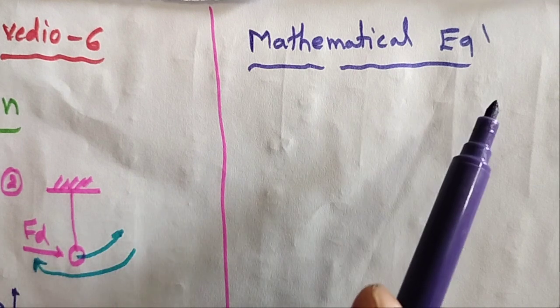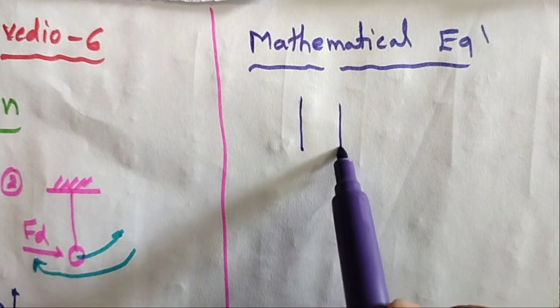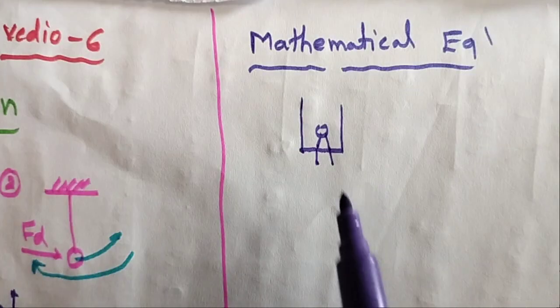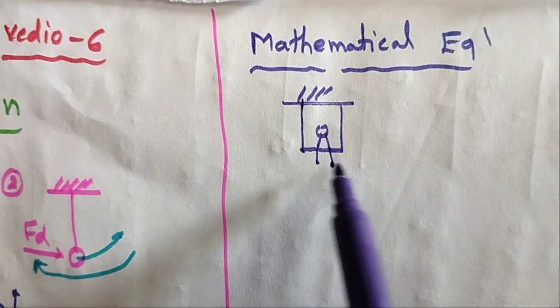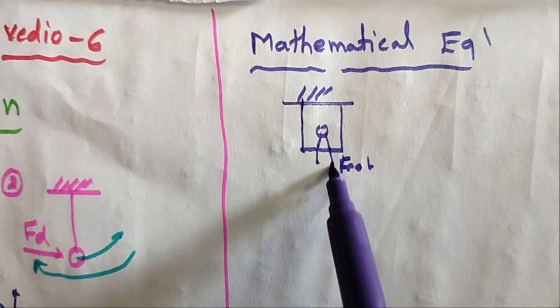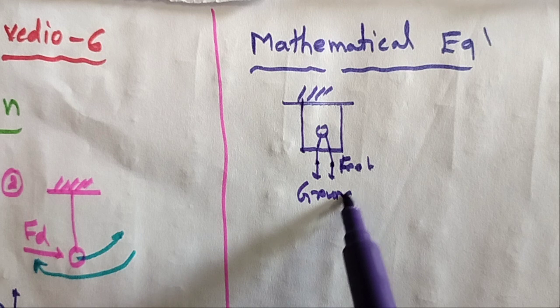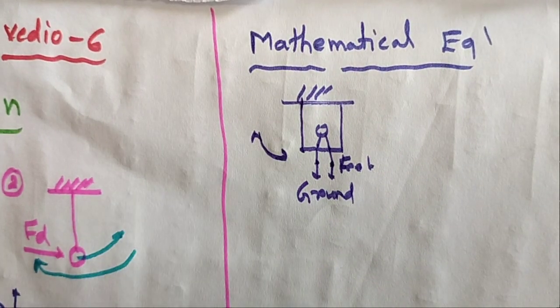What is the mathematical equation? Where a person is oscillating on a swing, what happens? The feet kick on the ground, and the person oscillates to and fro.